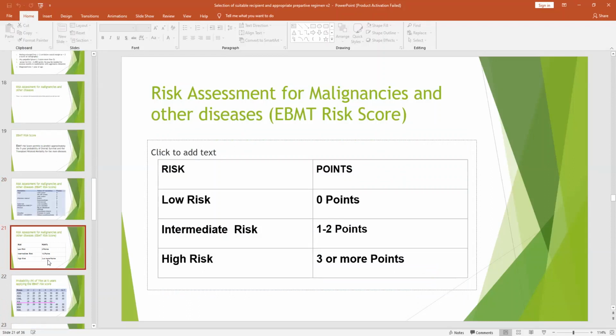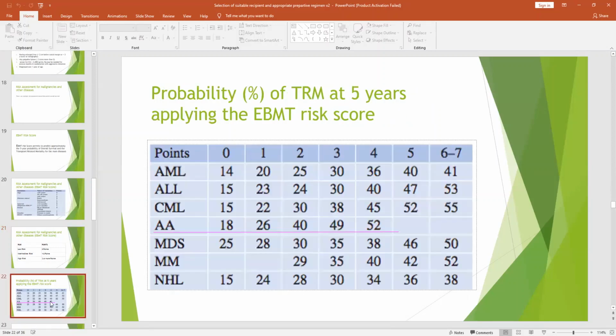And for risk assessment of malignancy in other diseases by the EBMT score, low risk is given 0 points, intermediate 1 to 2 points, and high risk 3 or more points. And this is the probability of transplant related mortality at 5 years applying the EBMT risk score.